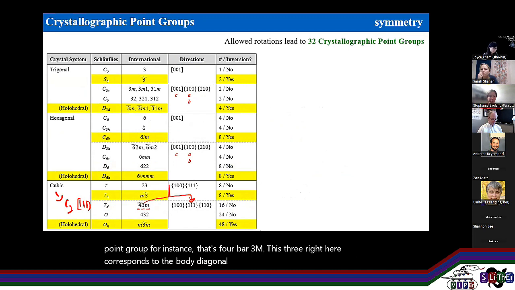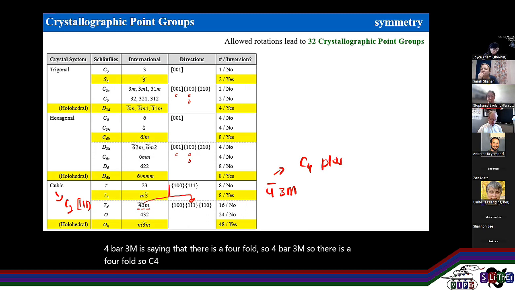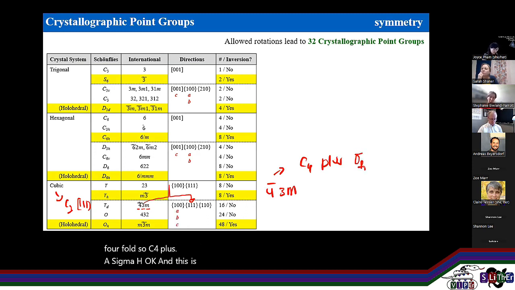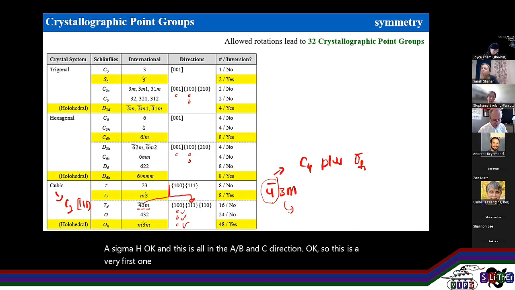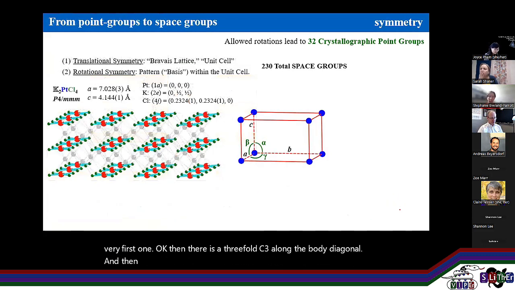So 4 bar 3m is saying that there is a 4-fold, so C4 plus a sigma h, and this is all in the a, b, and c directions. So this is the very first one. Then there is a 3-fold C3 along the body diagonal.